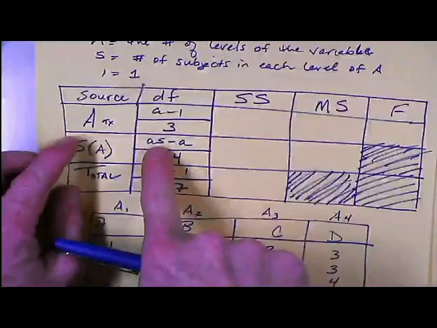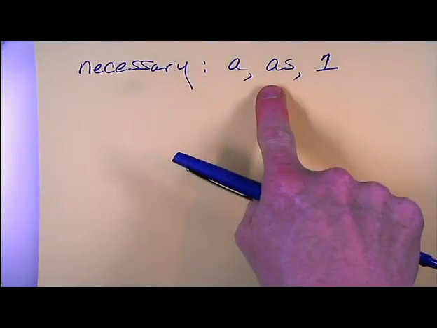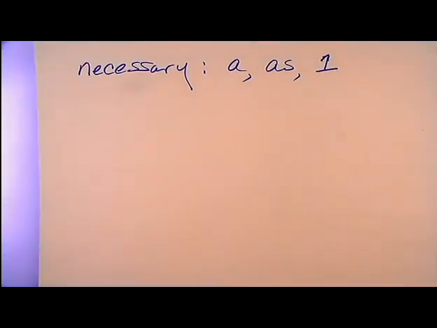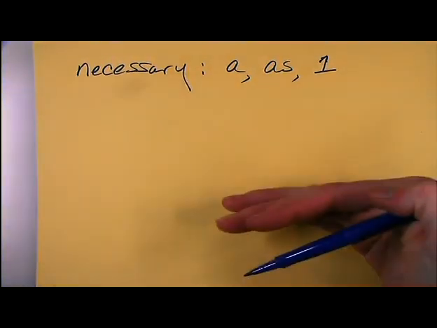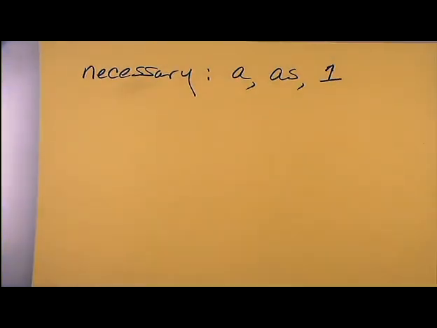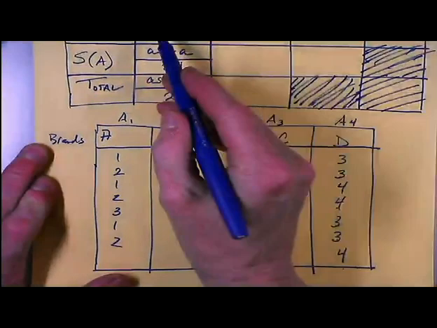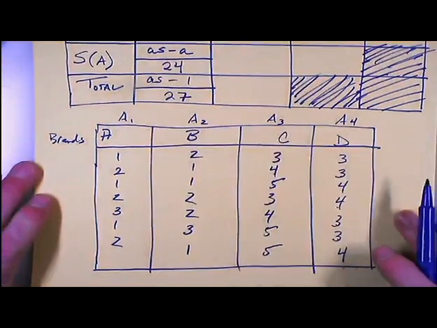AS is going to be the value of our AS necessary term. So if you can remember the formulas for the degrees of freedom and this one more part that we're going to do right now, you can bootstrap yourself through the whole problem and you won't get stuck. So we have A, AS, and 1.